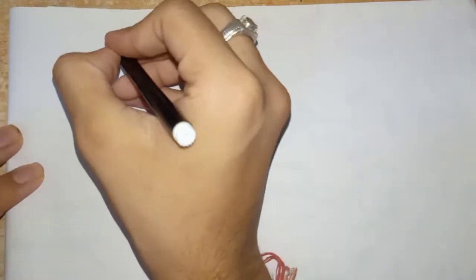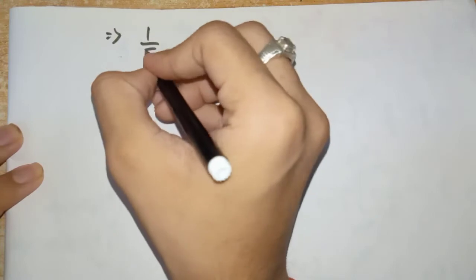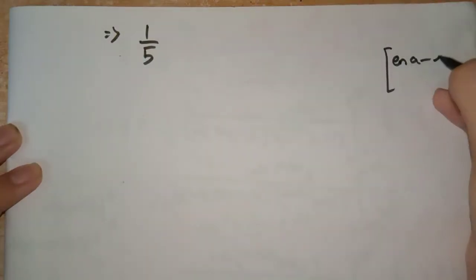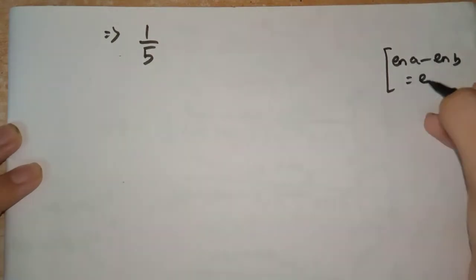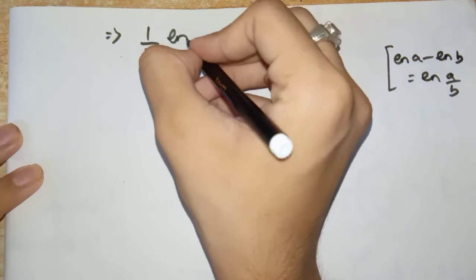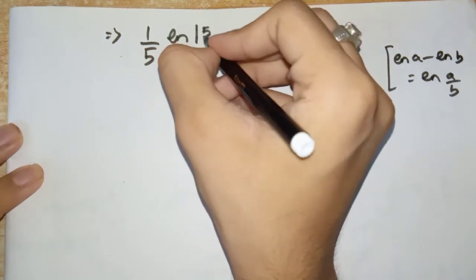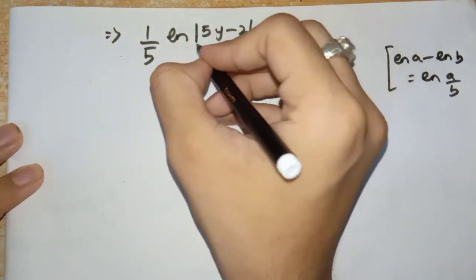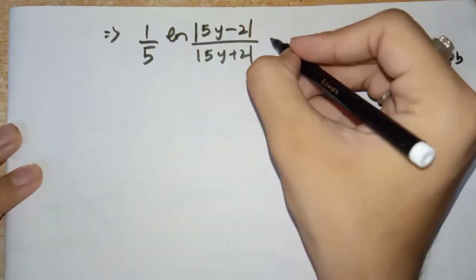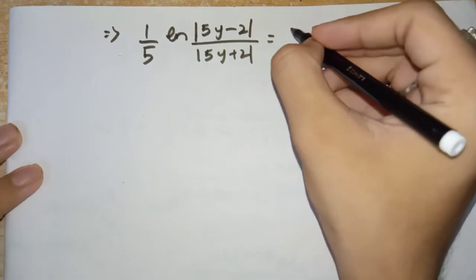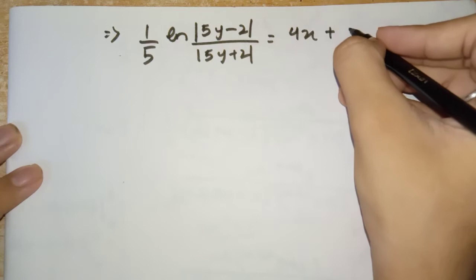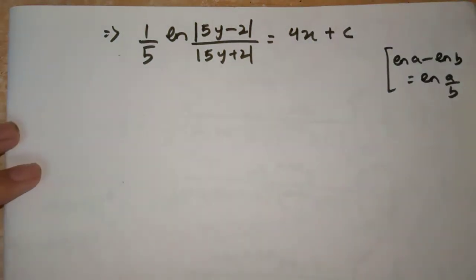Continuing, we take 1 by 5 as common and we know the formula that ln a minus ln b could be written as ln a by b. So here 1 by 5 ln of 5y minus 2 by 5y plus 2 is equal to 4x plus some constant c.